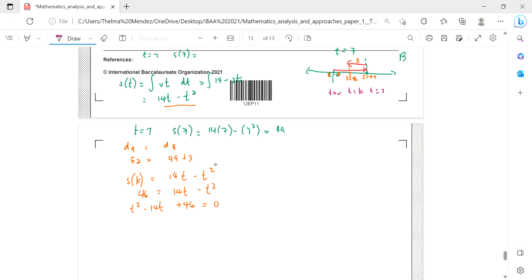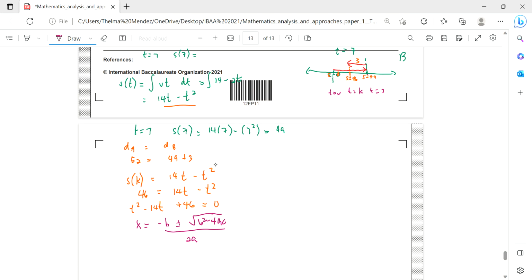So we're looking for t here. I don't think this is factorable, so we can just use the quadratic formula, where x equals negative b plus or minus the square root of b squared minus 4ac all over 2a.